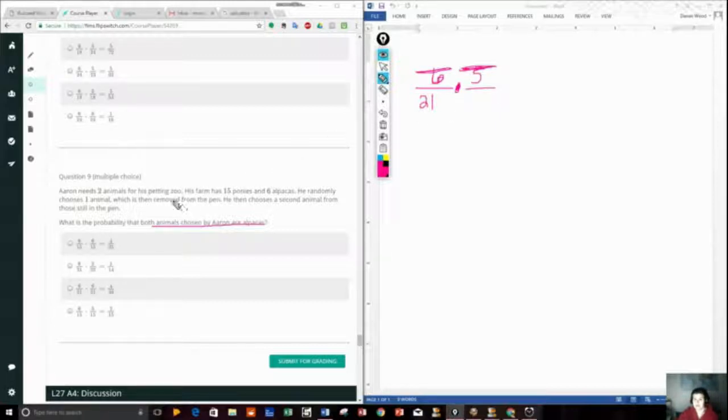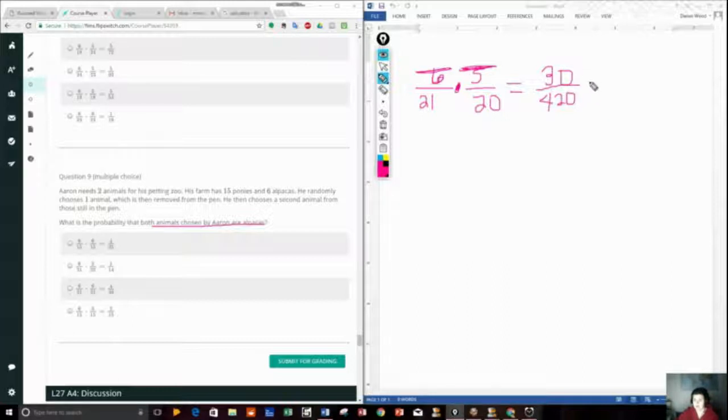And since he removed that animal from the pen, there's no longer 21 animals to choose from, there's only 20. So we are looking for 6 times 5, that would be 30, and 21 times 20 is 420.